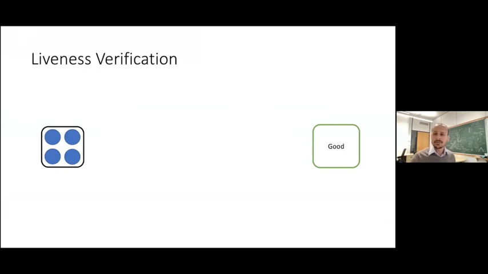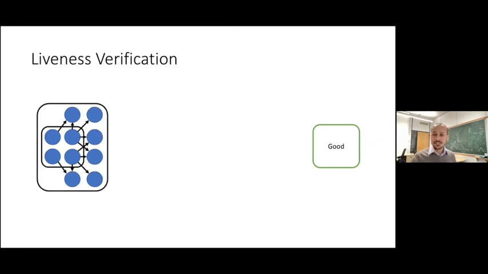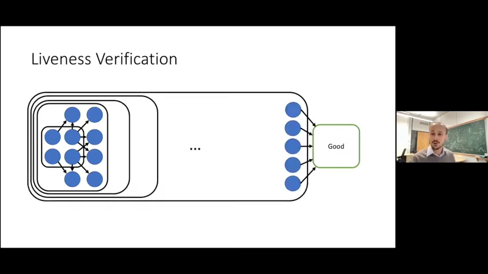And when we verify for liveness, we want to ensure that as the system executes, all possible states that are reached, so we look at all states after one step, after two steps, after three steps, and so on, all of them eventually end up doing something good. So the liveness question is whether your system eventually does something good. This is what we want to verify.